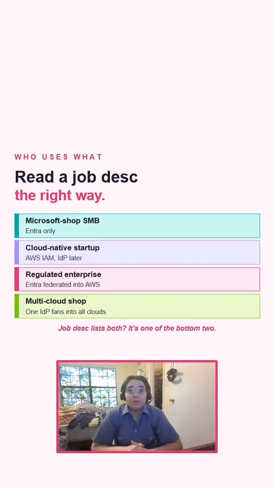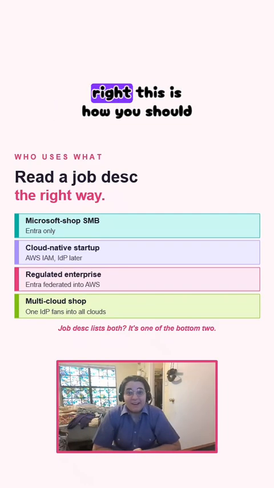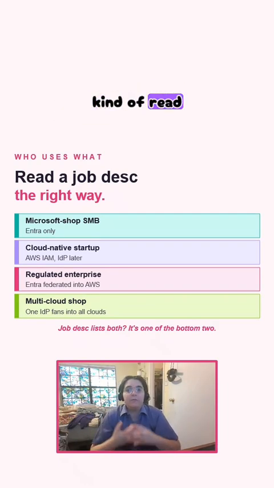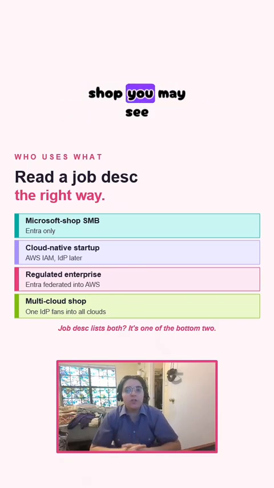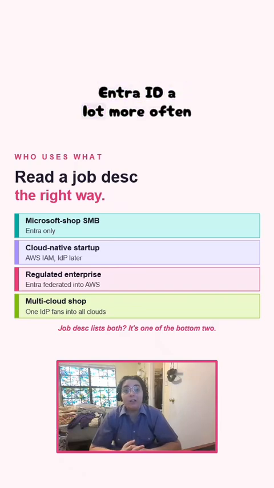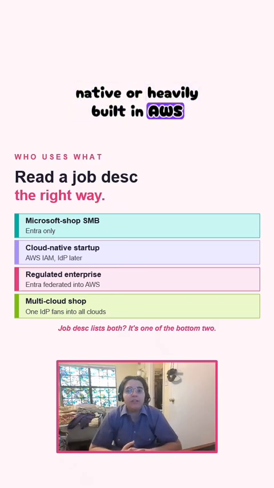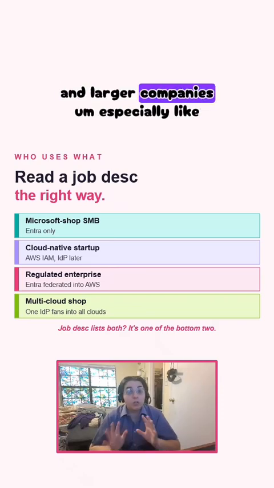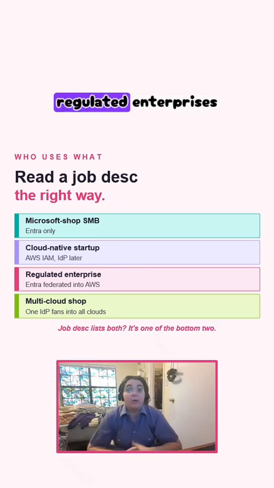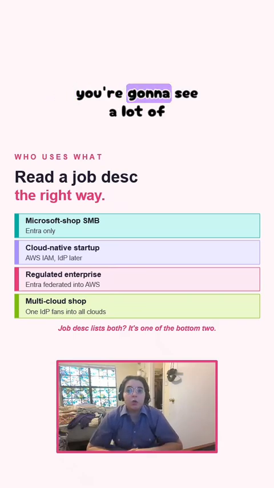So reading a job description the right way, right? This is how you should read IAM job descriptions. If a company is mostly a Microsoft shop, you may see Entra ID a lot more often. If a company is cloud native or heavily built in AWS, you may see a lot of AWS IAM. In larger companies, especially regulated enterprises, you're going to see a lot of both.